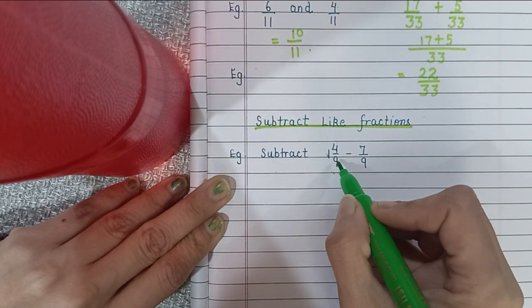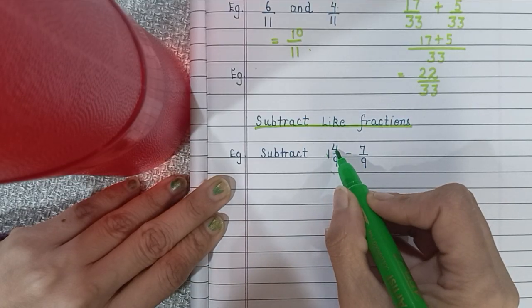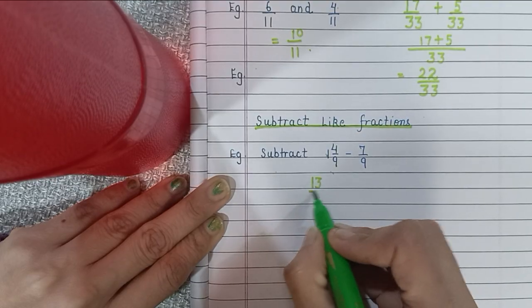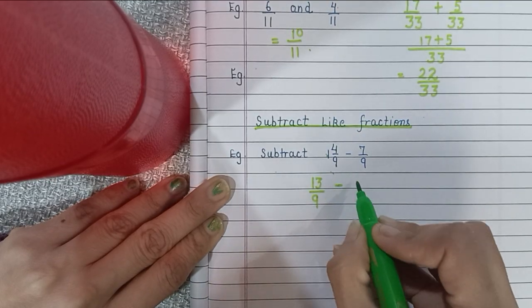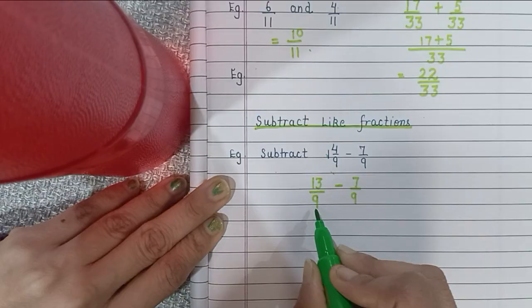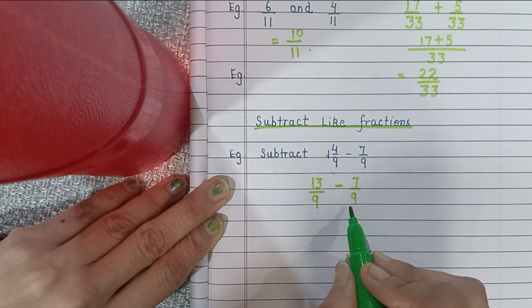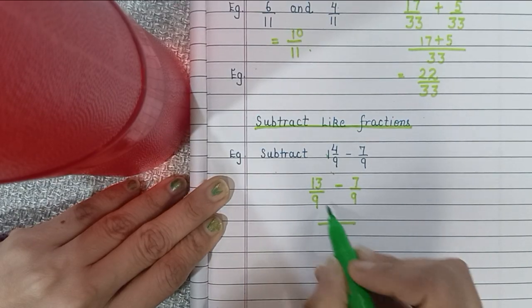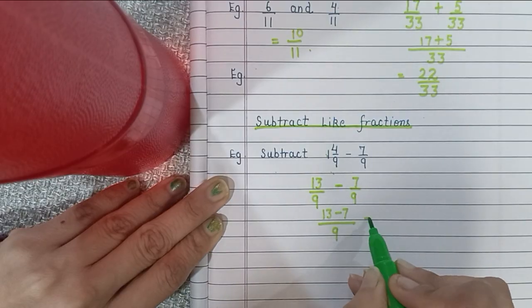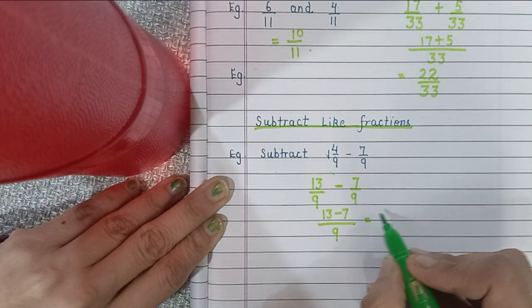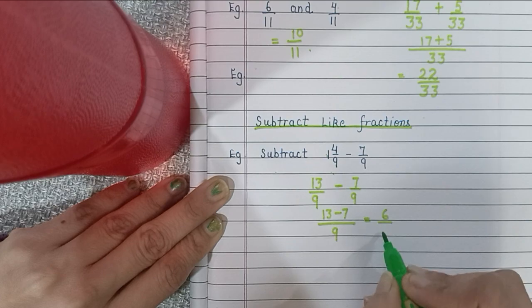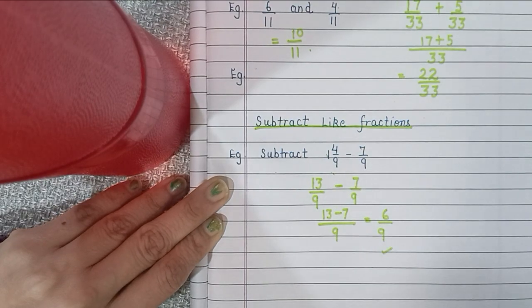Firstly you will have to multiply. 9 ones are 9 plus 4 is 13, and minus 7 by 9. Now you can solve easily because the denominators are the same, and 13 minus 7 is 6 by 9. Then your answer is 6 by 9.